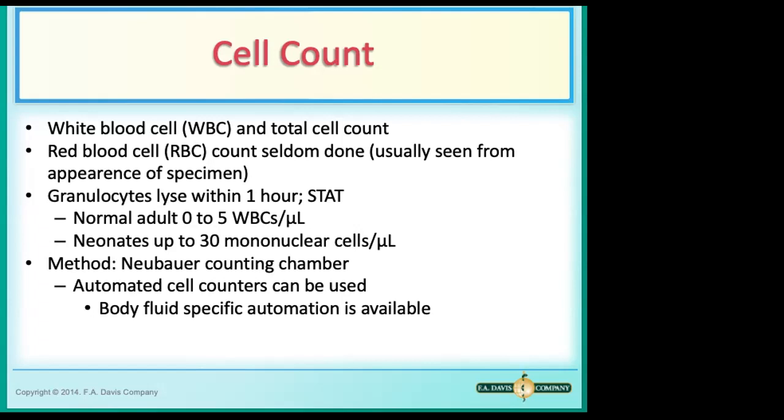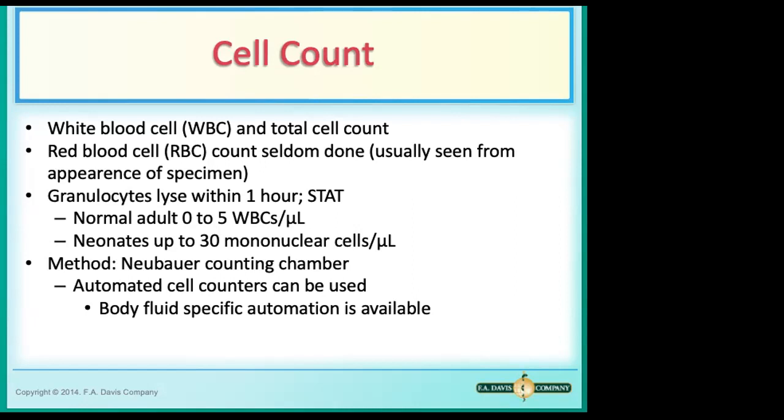So again, if you see red cells visually, it could be from a traumatic tap, and then you have to be able to tell the difference. Red cells are determined when a traumatic tap has occurred.